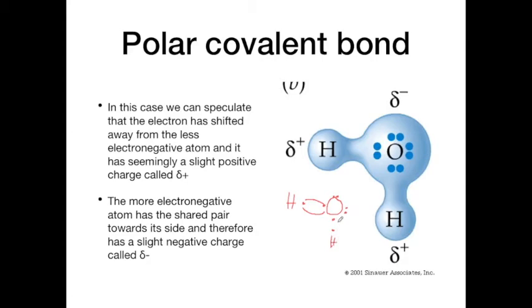But because oxygen is more electronegative than hydrogen, it pulls this pair towards here. Therefore, the hydrogen now has no electrons, and the oxygen has one more. Therefore, a delta minus, a negative charge.